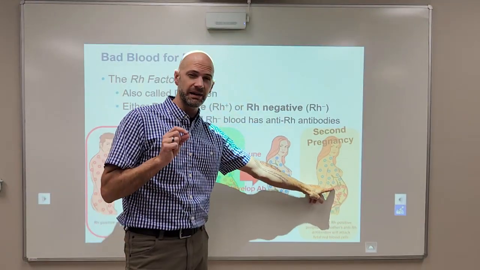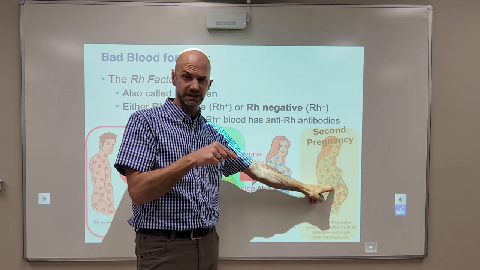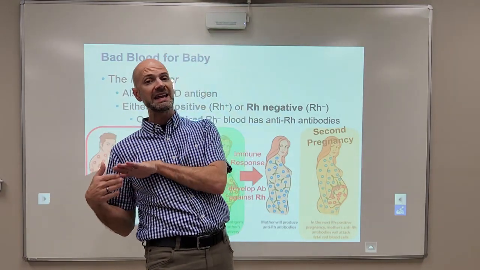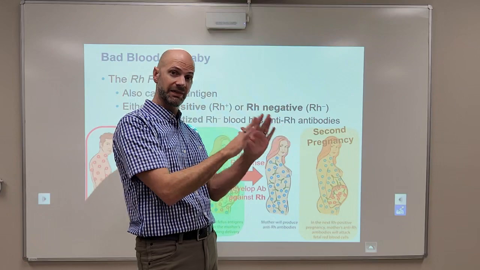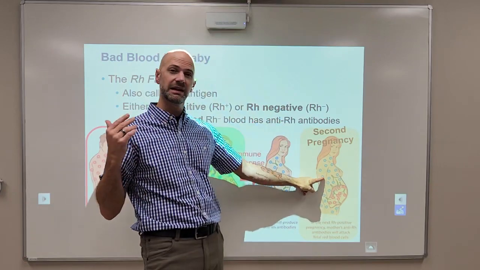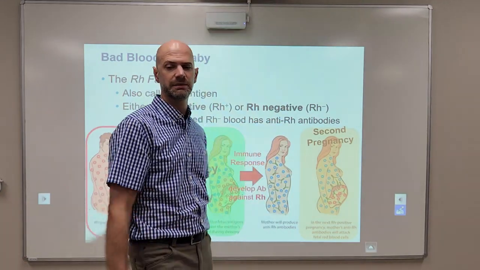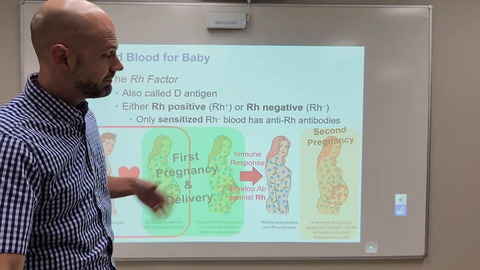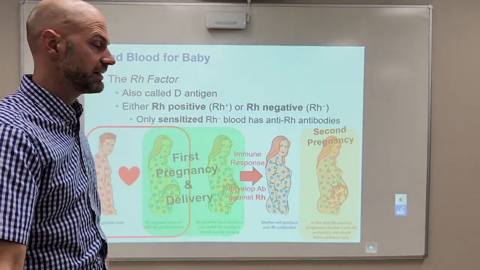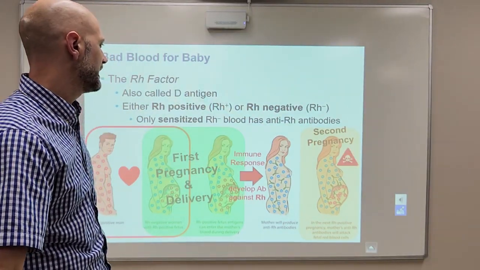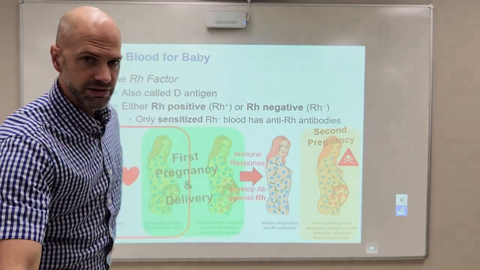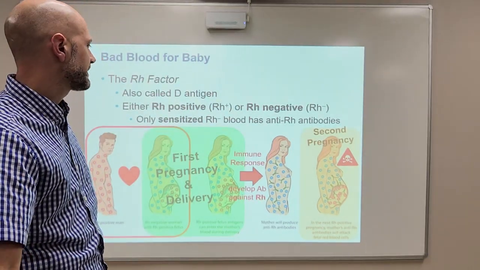And these antibodies can cross the placenta. They can go from mommy's blood into baby's blood, okay? And that's important, okay? Some antibodies can cross the placenta. Okay, and then baby would be a goner because of that immune response. Okay, so that can cause problems for mommy and baby.